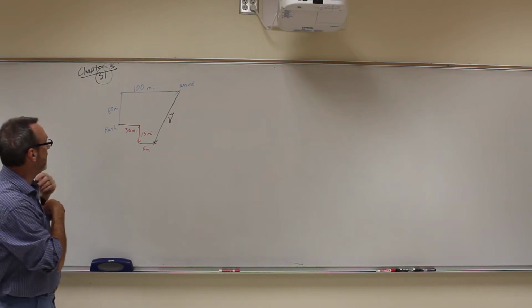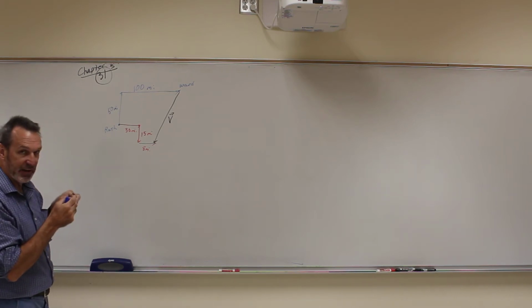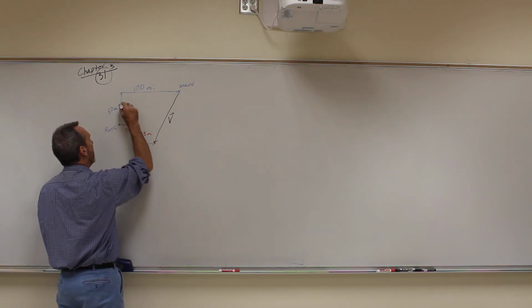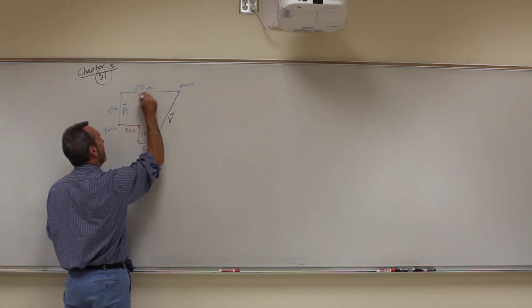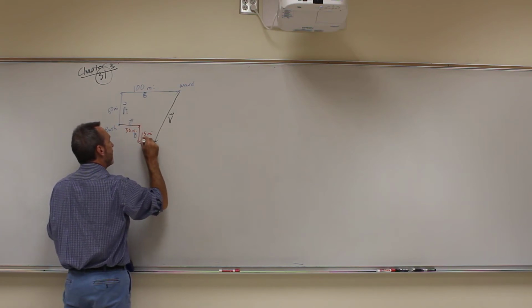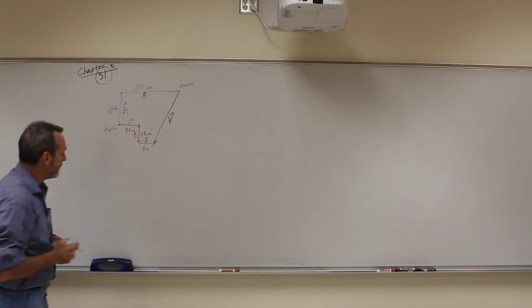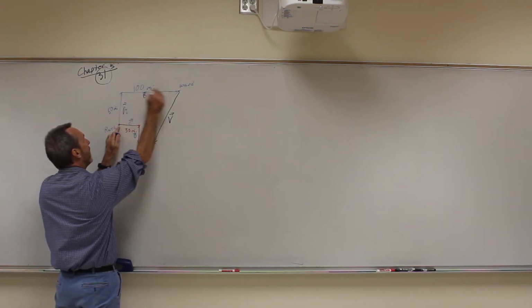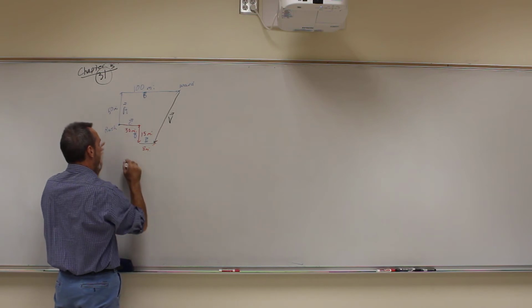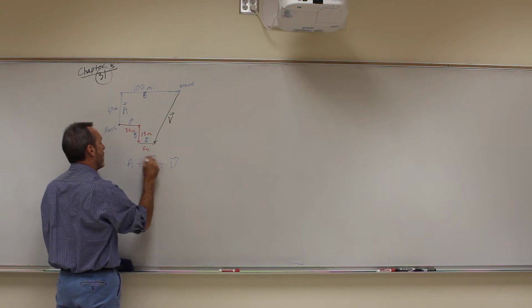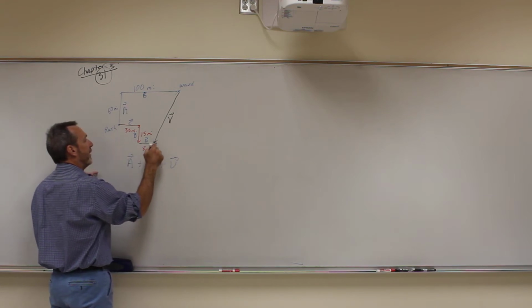The easiest way to do this is as a whole series of vectors. Let's call this vector A, this vector B, this vector C, this vector D, and this vector E. Then if I follow this, I go A plus B plus V, and that gets me to this point right here.